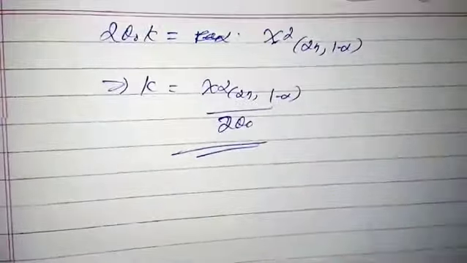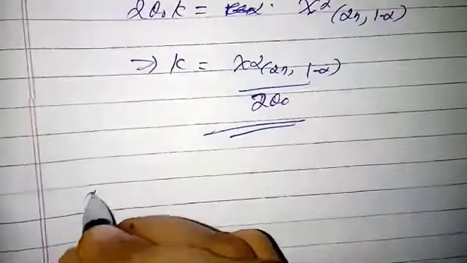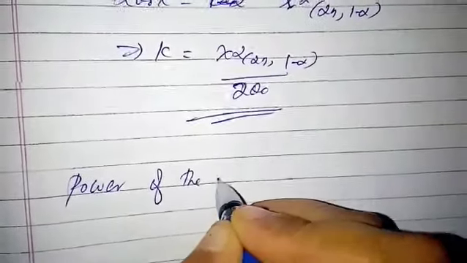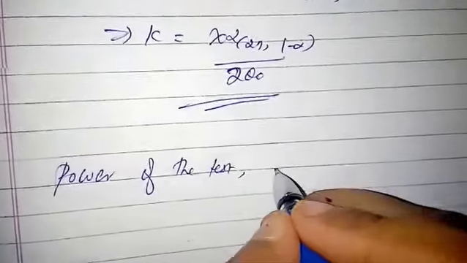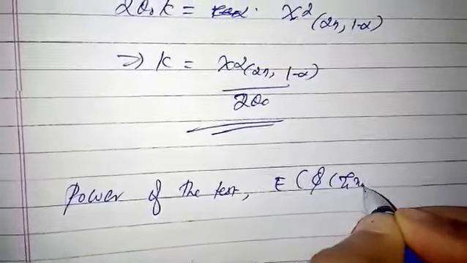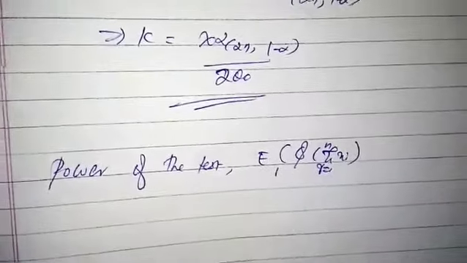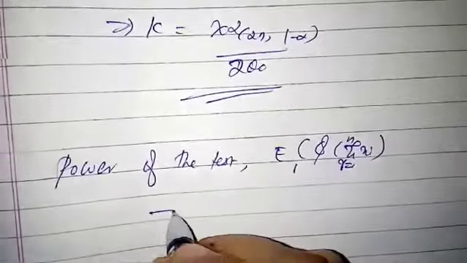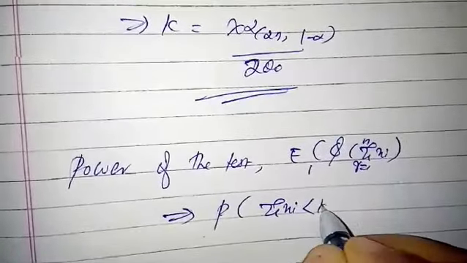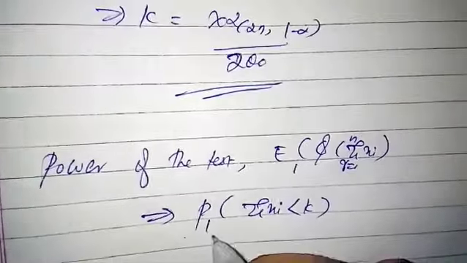So here we also want to find the power of the test, right? Then what is the power of the test? The power of the test is the expectation of phi of summation xi, i from 1 to n, under the alternative hypothesis, which implies the probability of summation xi less than k under the alternative hypothesis.